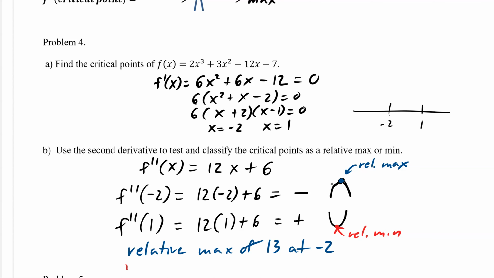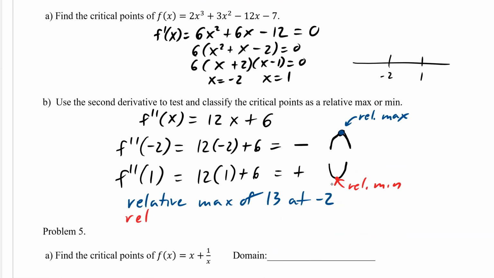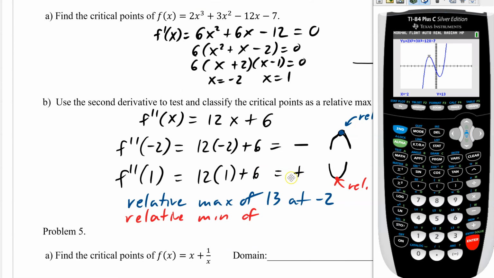And we have a relative min of, and we would do the same thing. We would plug our 1 into our original function, trace 1, hit enter, and you can see we have a relative min at -14. You can see there's your concave up.